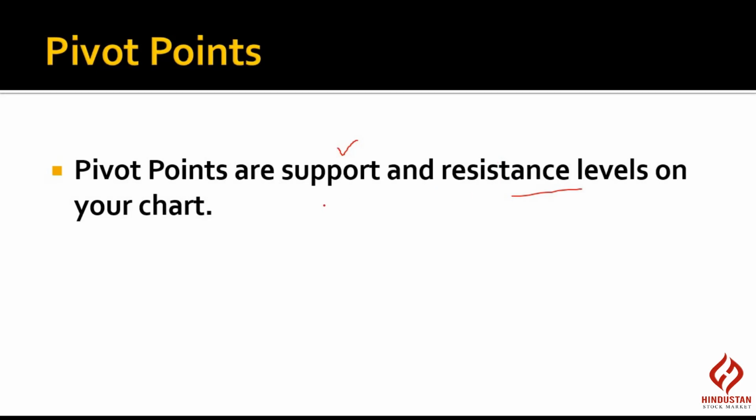This pivot point is considered a leading indicator because it is purely based on prices, and it will give signals in advance, so that a trader can take a buy or sell decision at the right time. Whereas other indicators like moving average, stochastic, RSI will give delayed signals. That is why those indicators are called lagging indicators.